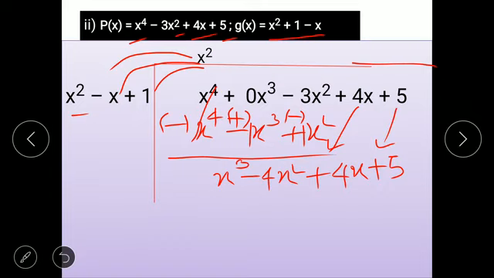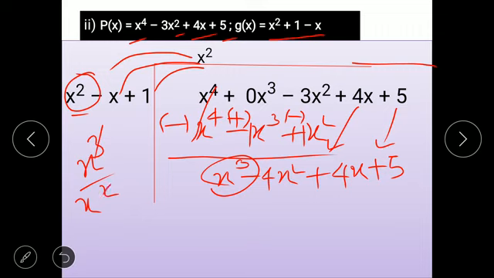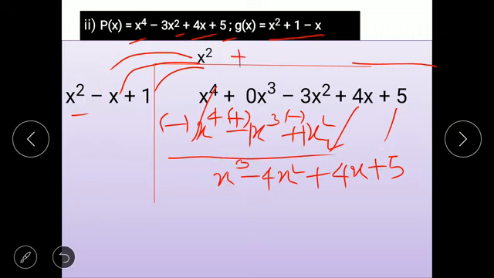What is the first term here? Yes, x cube. X cube divided by x square. First term divided by the first term, cancel. What will we get? Yes, we will get x. So what is the answer getting? X we are getting there, plus x.